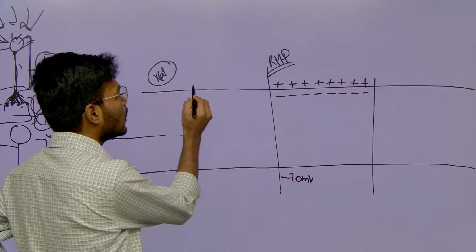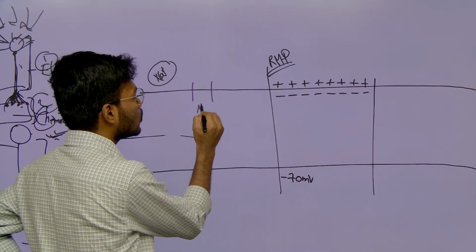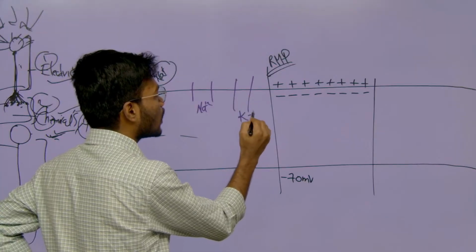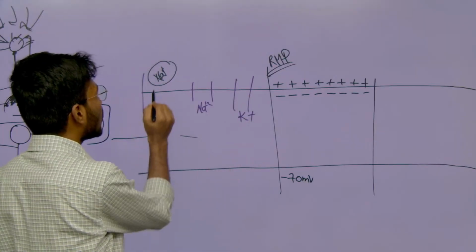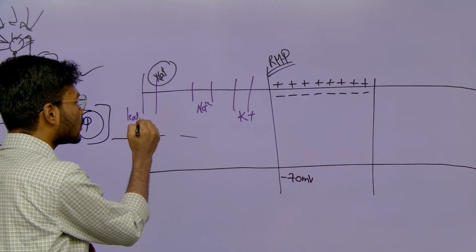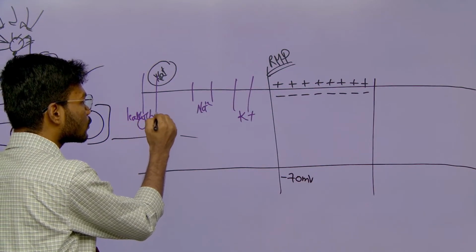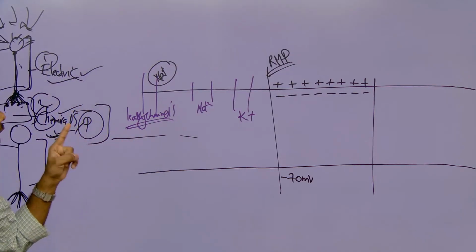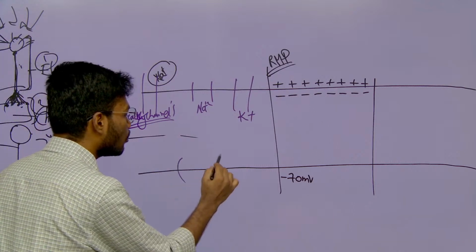So on the membrane we have some channels for sodium, and some channels for potassium. These channels are called leaky channels. Along with channels we have some pumps.